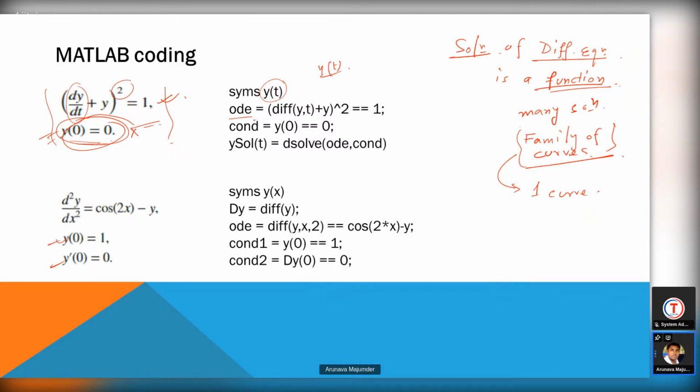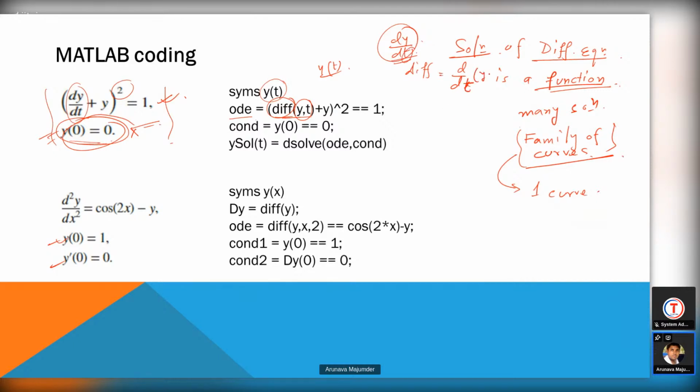ODE is just a variable, equal to diff(y(t)), which means dy/dt. Diff defines d/dx or d/dt, whatever the independent variable is; here it is t.